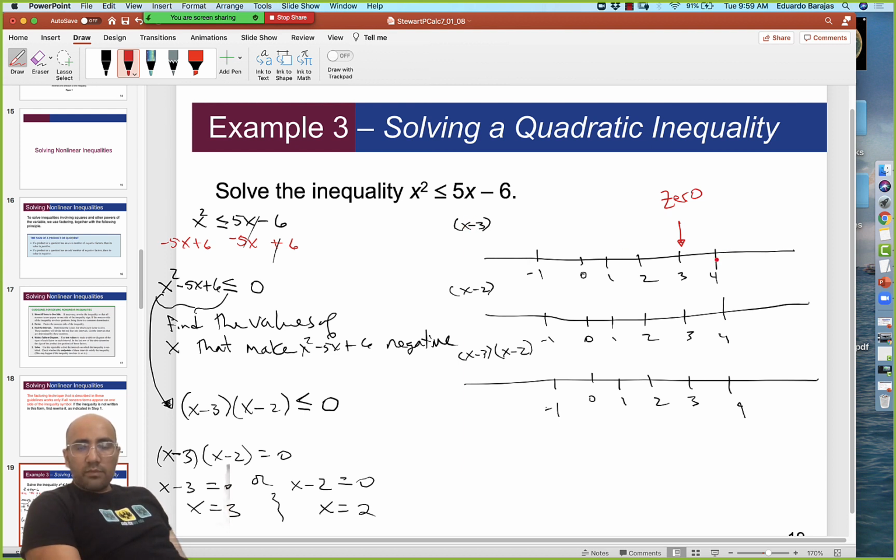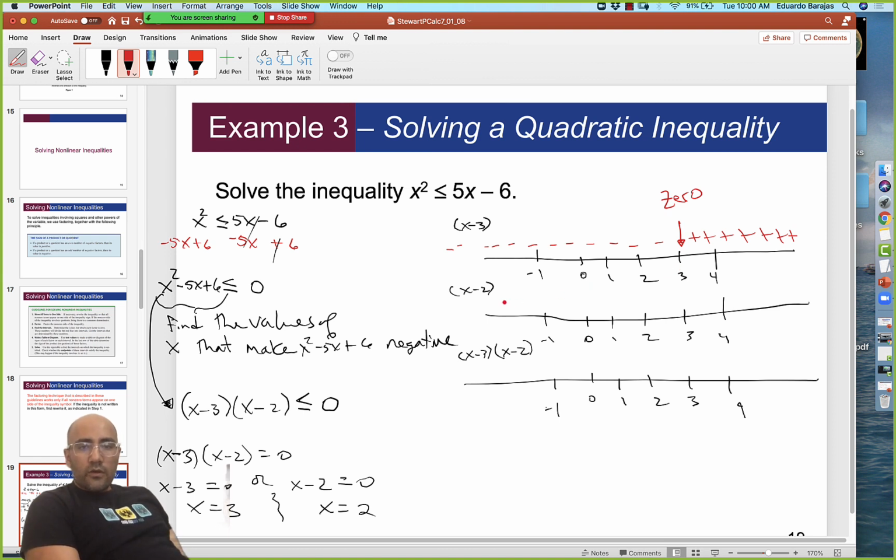You just simply test one value. 4 minus 3 is positive. So they're positive numbers in this direction. And by the same token, they're negative in this direction. If I let x equal to 2, 2 minus 3 is a negative. And that's going to be true over here. Okay, the place where we get a 0 is always the borderline between all the positives and all the negatives.